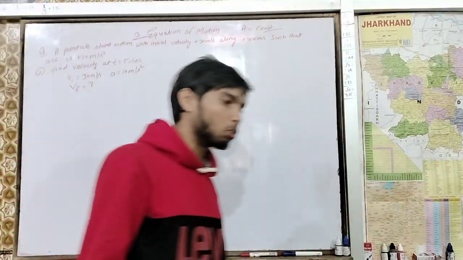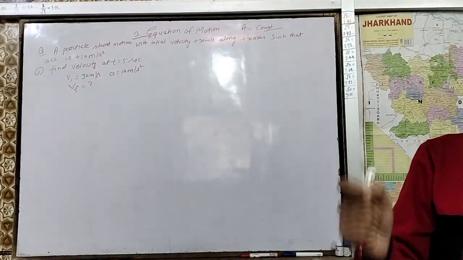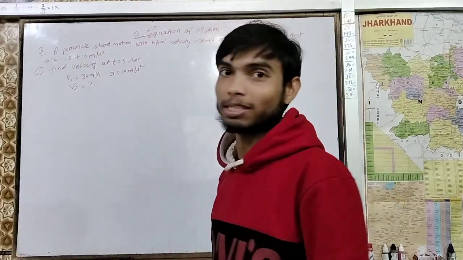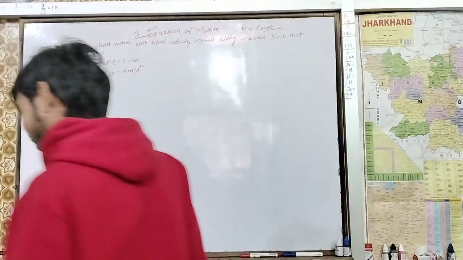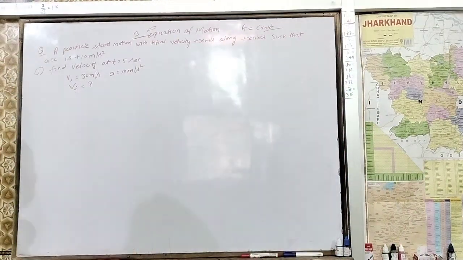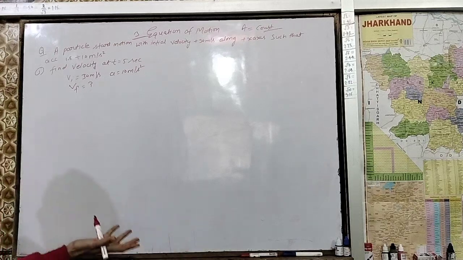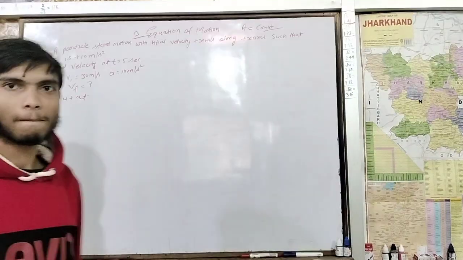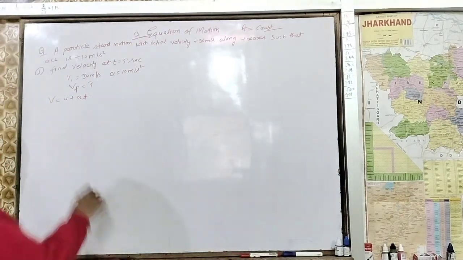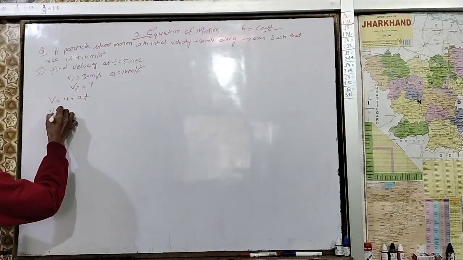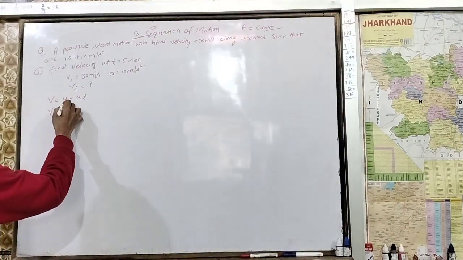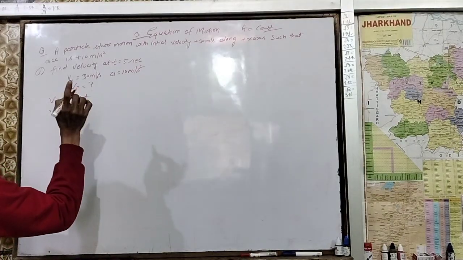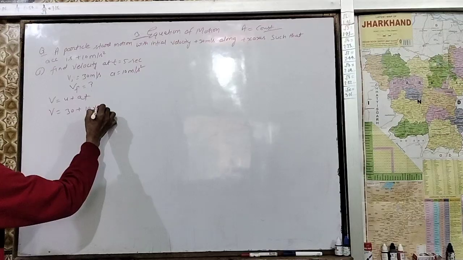Can we use the first equation of motion? Yes. A is given. T is also given. U is also given. So we have to calculate V, which is the final velocity. So V is equal to U plus AT. V is not given; that is what we have to calculate. So V will be U, which is 30, plus A, which is 10, times T, not 4 but 5.